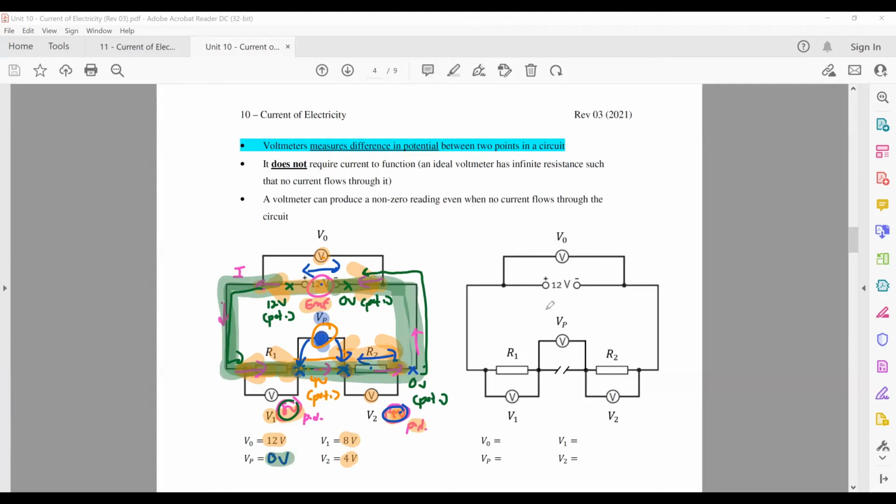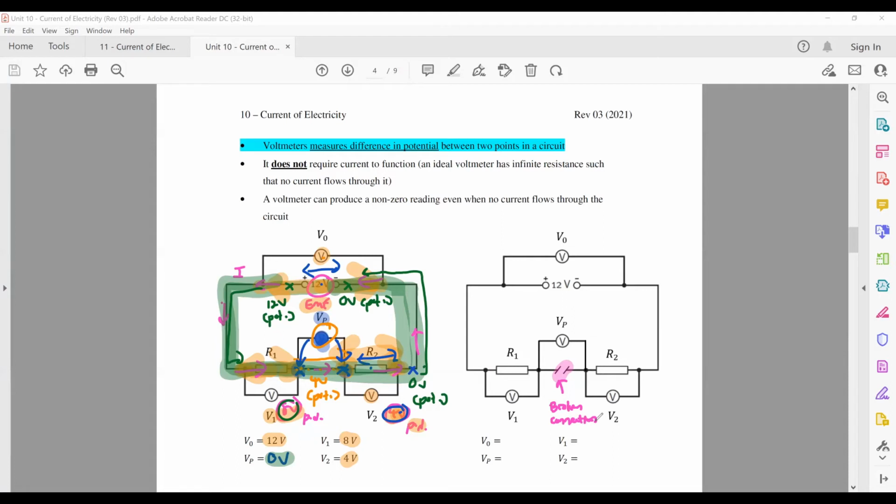So now what happens if I have that same circuit, but this time I break the circuit apart? The circuit is already broken in the middle. Let's just say that this is your broken connection.